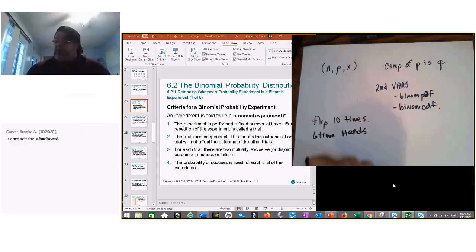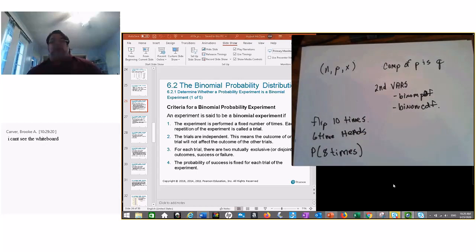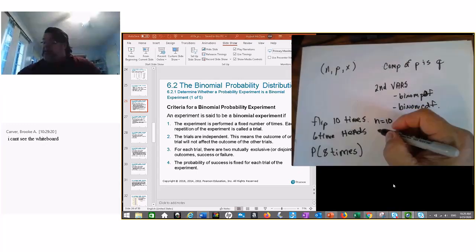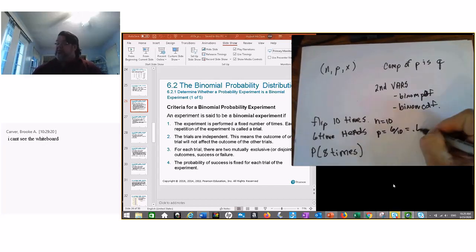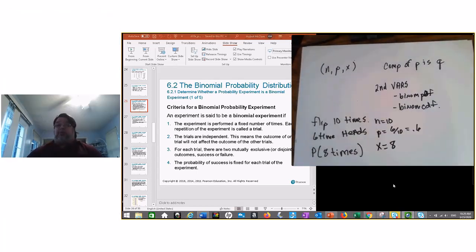What is the probability of heads if you flip a coin another 8 times? And the way that happens is n is equal to 10 because it's your biggest number. P is equal to 6 out of 10, which is equal to 0.6. And X is equal to 8. And you would punch it in your calculator. All right, that's where we're going with this.